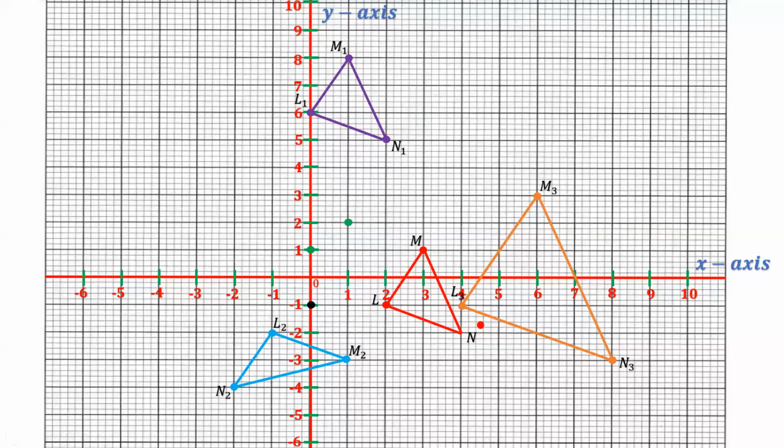And so the line that goes through those 2 points is going to be this line. And that is the line y is equal to x plus 1. It has a slope of 1 and it has a y-intercept of 1. Okay, so we have to reflect this triangle in this line.